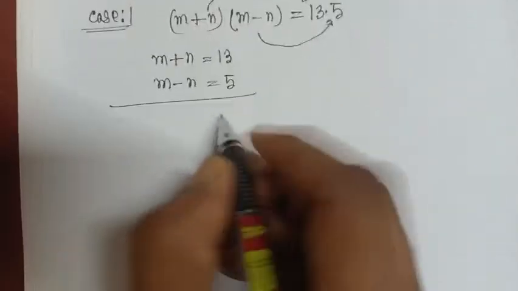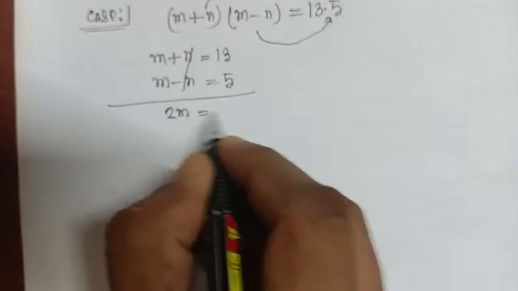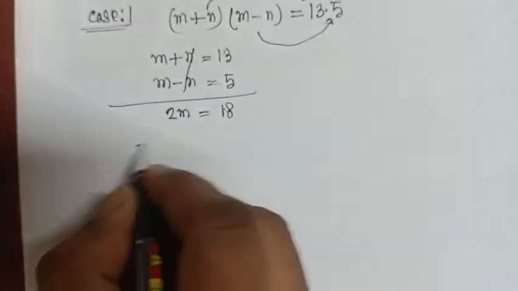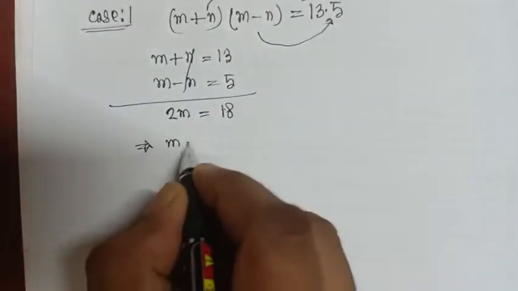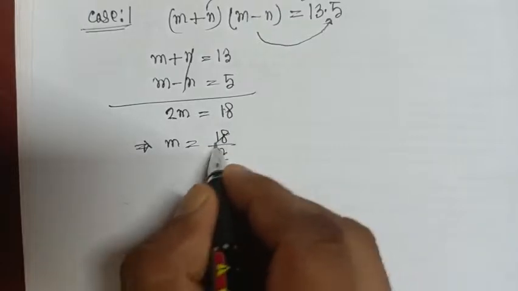So if we add these two, we get twice m equals 18, hence m equals 18 by 2, if you cancel out, 9.